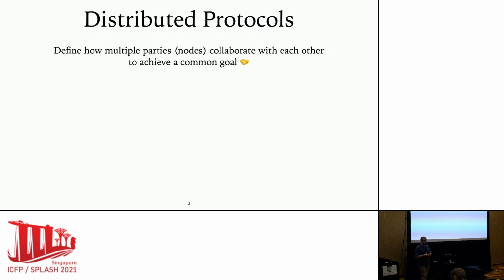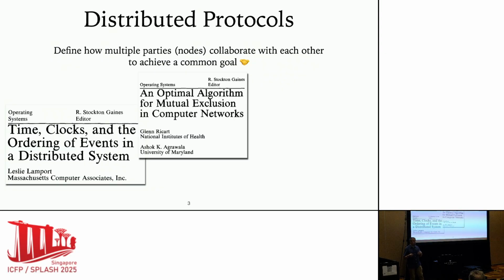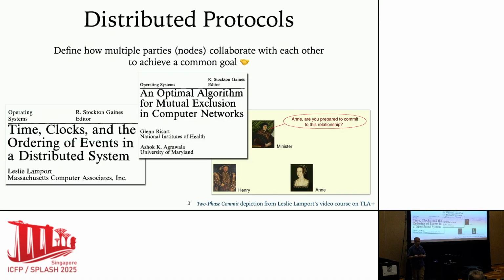So let's start from the basics. Distributed protocols are algorithms that define how multiple parties, typically called agents or nodes, collaborate to achieve some common goal. This is a problem which is almost as old as computing, and many of us know the classical papers such as Time, Clocks, and the Ordering of Events by Leslie Lamport, the algorithms for mutual exclusion such as the Ricart-Agrawala or Suzuki-Kasami constructions, or constructions which are very prominently used in distributed systems even today, such as two-phase commit.